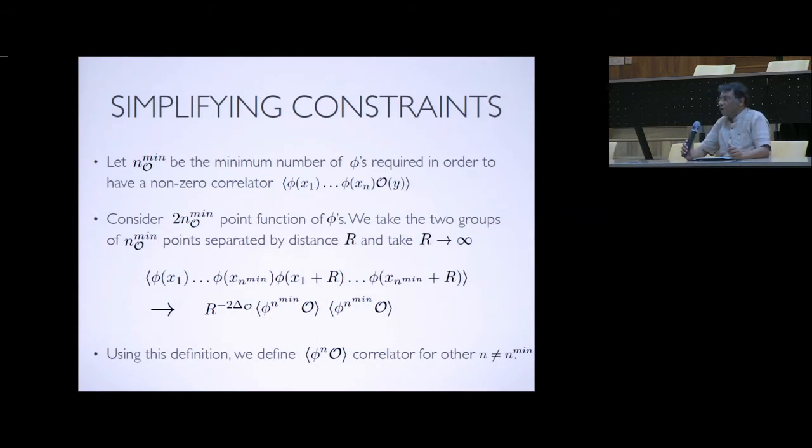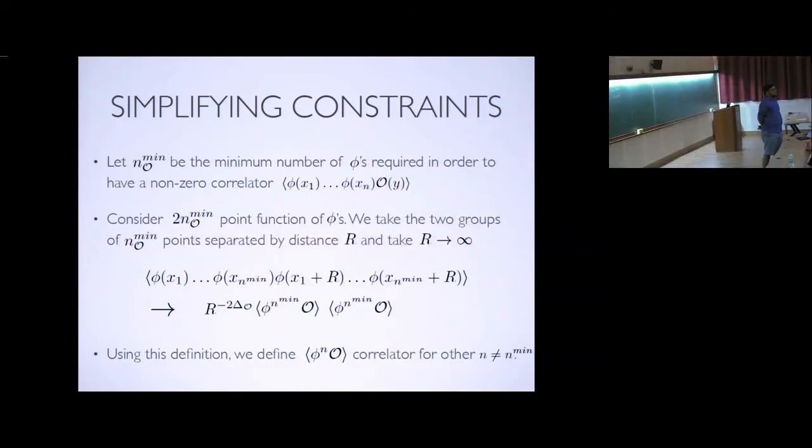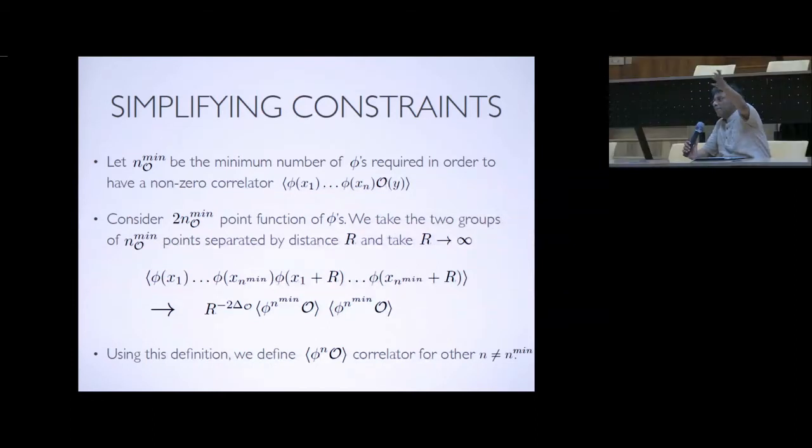So for now, I'm assuming just conformal symmetry. But even if there is, let's say, a discrete abelian symmetry, then also this is true. Perhaps what you're... Flavor symmetry, I was thinking that the phi's would be transformed in some symmetric representation. And if O was an anti-symmetric representation or something like that, then you would not probably find any n minimum for O.